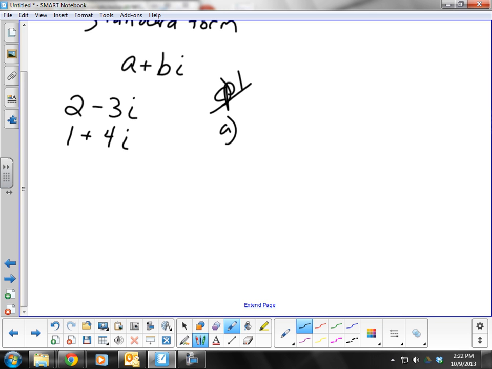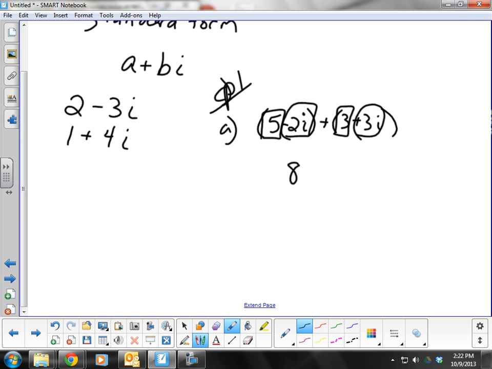Checkpoint 1, part A: 5 minus 2i plus 3 plus 3i. Okay. So what you do is you combine like terms. The real number parts get added together, so 5 plus 3 is 8. And then I have a negative 2i and a positive 3i, that when I combine them together I get plus i.